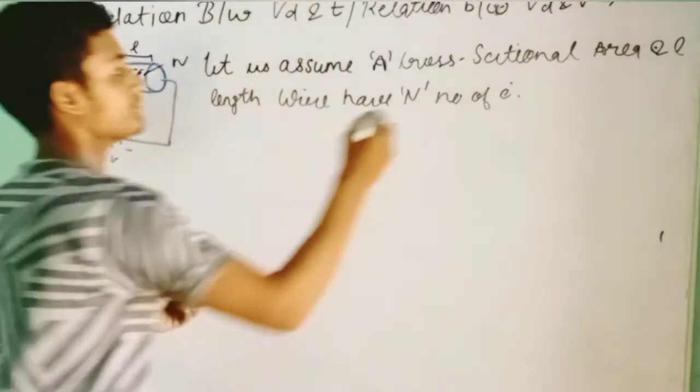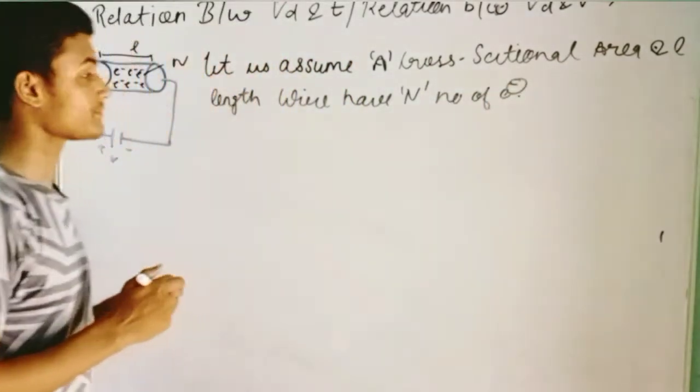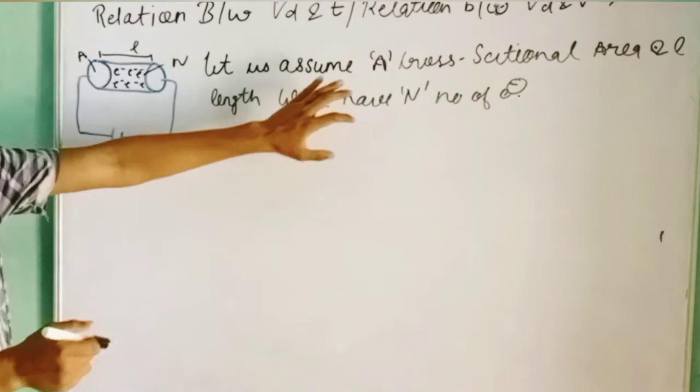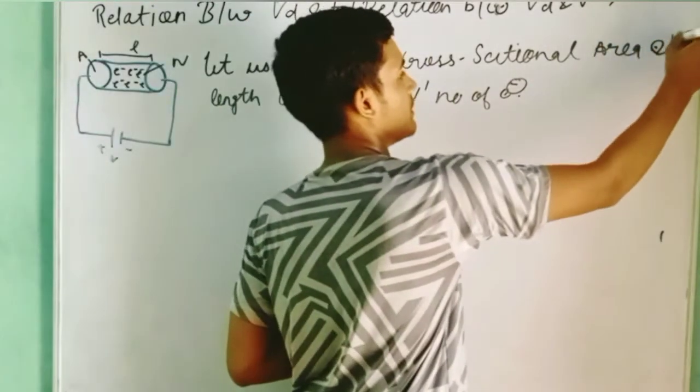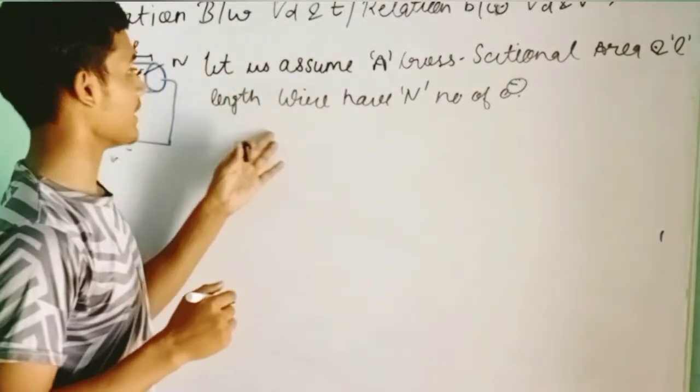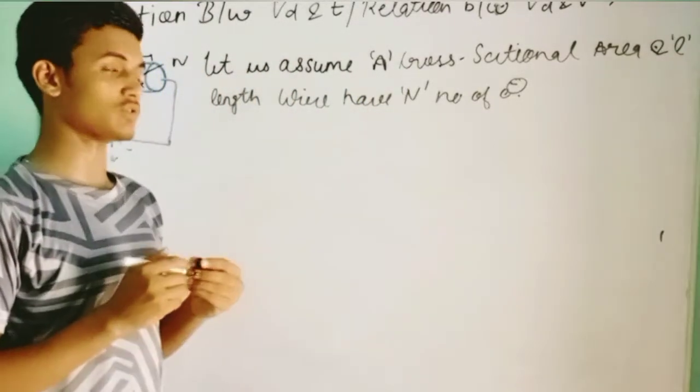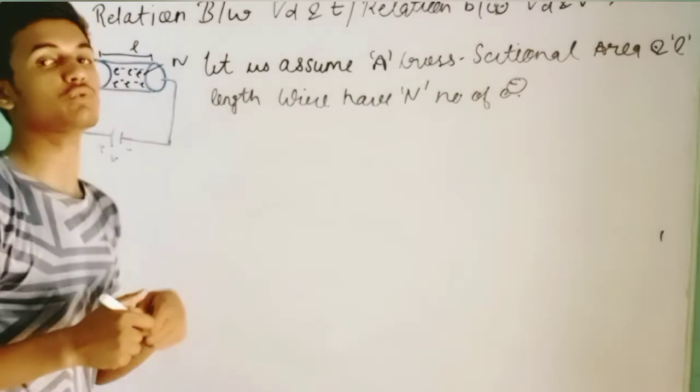So we mention the data here, because the current flows due to the electrons.